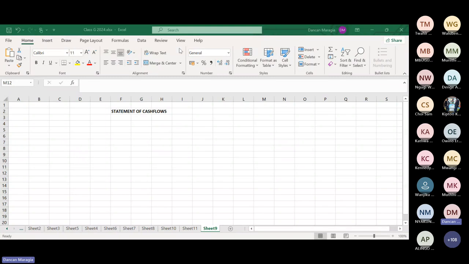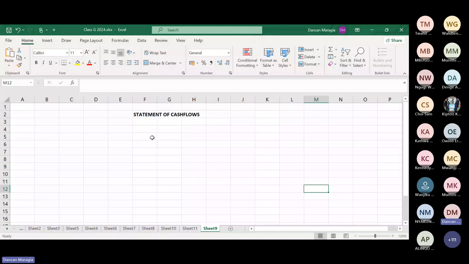Thank you for the response and welcome to today's session. We're almost coming to the terminal end, but fruitfully. Today we want to focus on the statement of cash flow in detail, which is an addition to the two other statements we have always done, the statement of financial position and the statement of profit or loss.